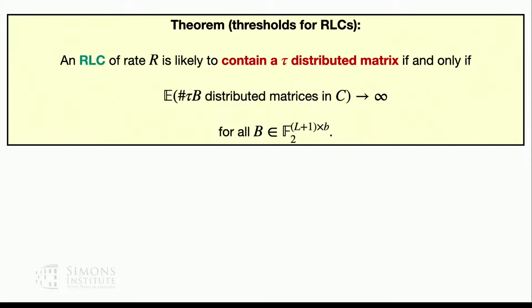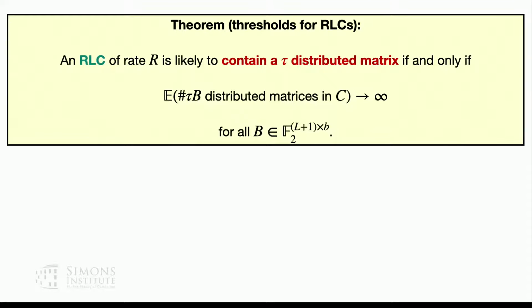All the distributions of the form tau B. And once the rate is large enough so that all of these go to infinity, then the code is likely to contain a tau distributed matrix, and until then, it's not. The proof is really an analog to the proof of the theorem about random graphs. It's also obtained using second order methods.